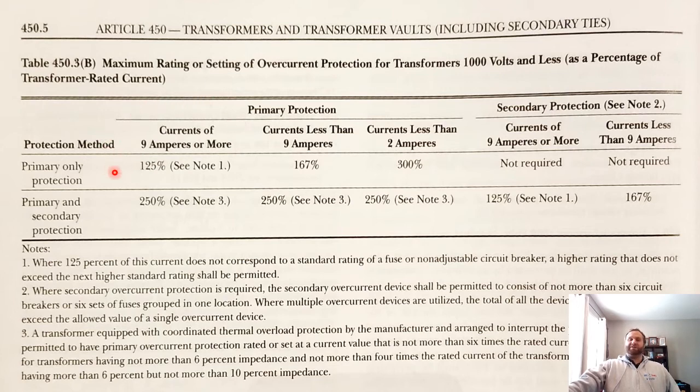And that only applies to transformers that have currents of 9 amps or more. If my transformer has a current of, let's say, 6 amps, I would use this column, and I would size it by 167%, which is more than my 125%.